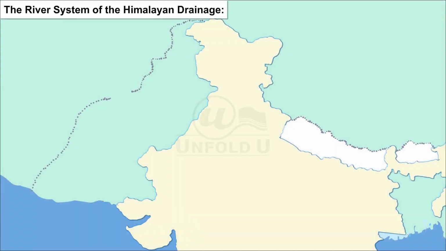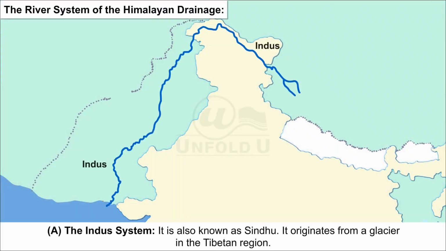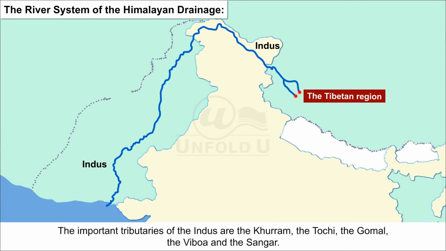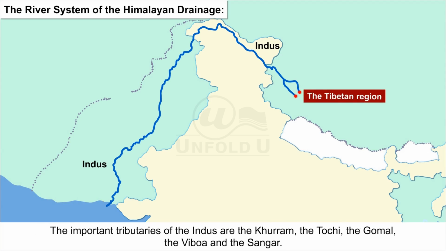The river system of Himalayan drainage. A. The Indus system. It is also known as Sindhu. It originates from a glacier in the Tibetan region. The important tributaries of the Indus are the Khurram, the Tochi, the Gomul, the Viboa, and the Sangar.